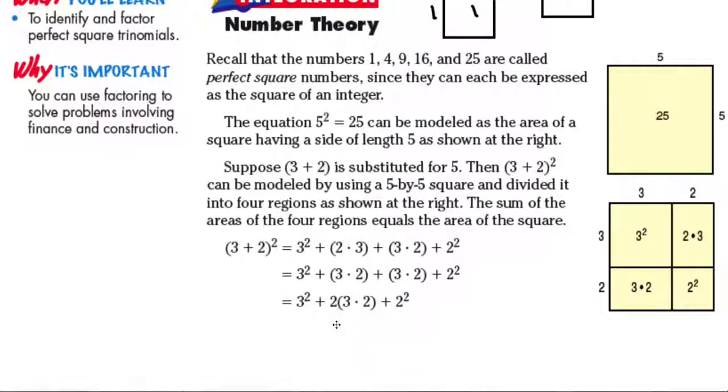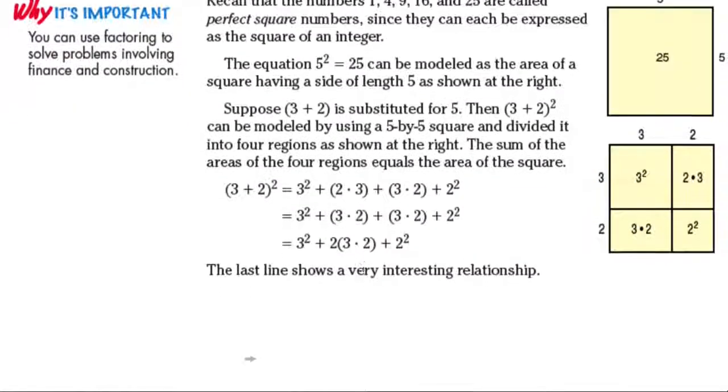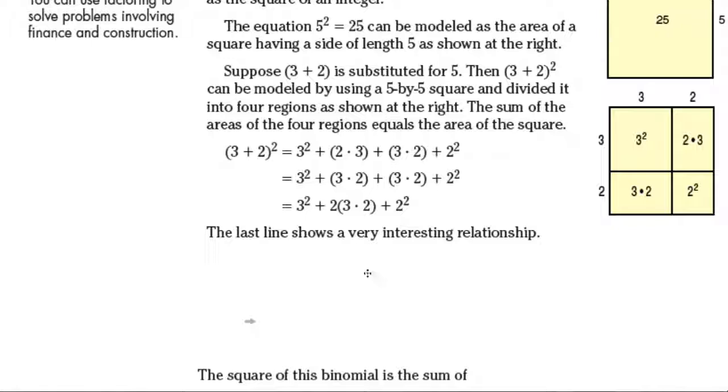And if you notice, the last line shows a very interesting relationship when you talk about binomials. This is the relationship: the quantity 3 plus 2 squared is equal to 3 squared plus 2 times 3 times 2 plus 2 squared.